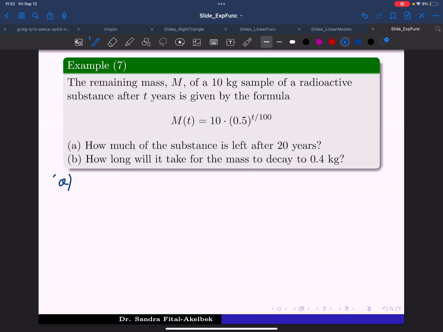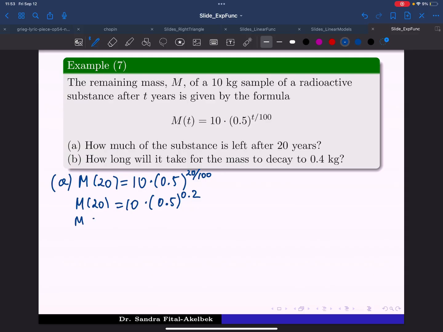So part A, m at 20 is equal to 10 times 0.5 to the power 20 over 100. 20 divided by 100 is 0.2.